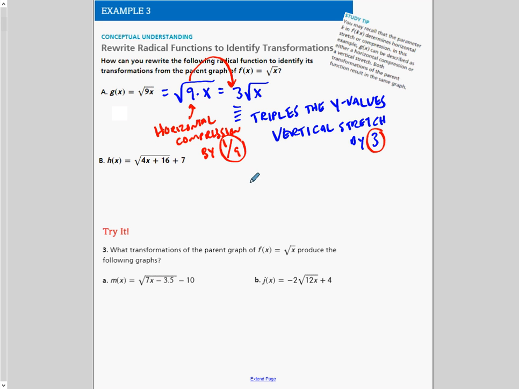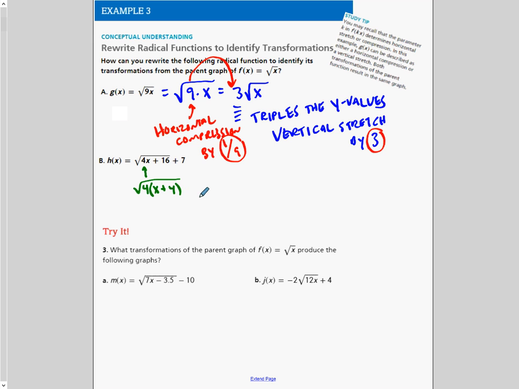And the next one, there's an added layer here. We actually did this in Unit 2, I think it was with parabolas. If you have a multiplier inside the parent function like this 4, you want to separate it from the x, and any horizontal translation like this plus 16, you want to factor the 4 away from it and call it 4 times x plus 4.